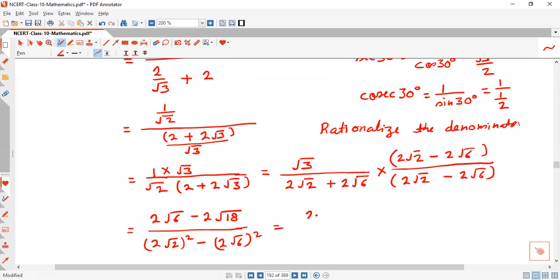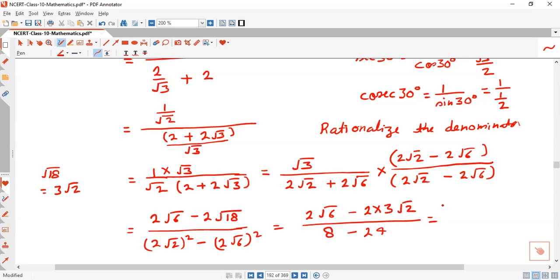In the numerator, 2 root 6, root 18 can be written as 3 root 2. So minus 2 into 3 root 2, divided by 2 root 2 squared, which means 4 into 2, 8, minus 2 root 6 squared, which means 4 into 6, 24. So this comes out.